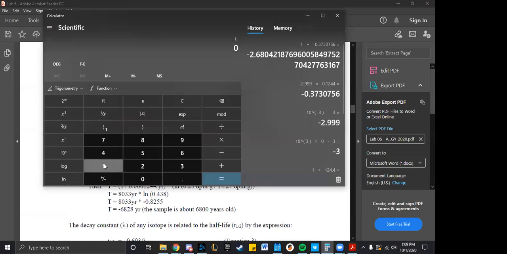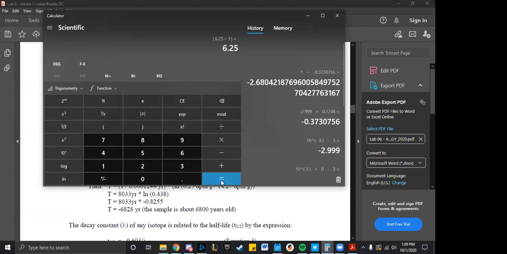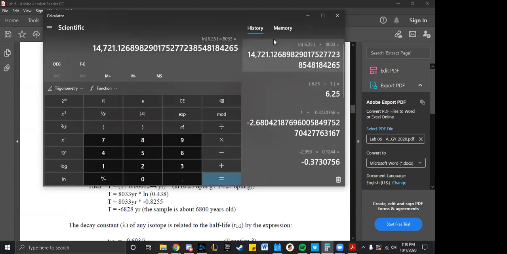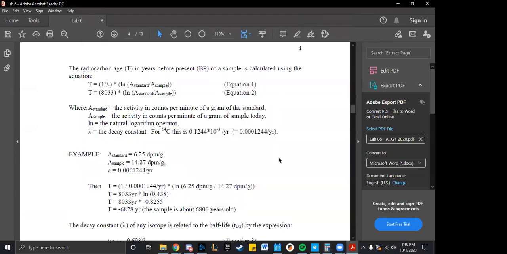So 6.25 divided by 1, and then we take the natural log of that and multiply it by 8033. So 6.25 divided by 1 times 8033. Yeah.